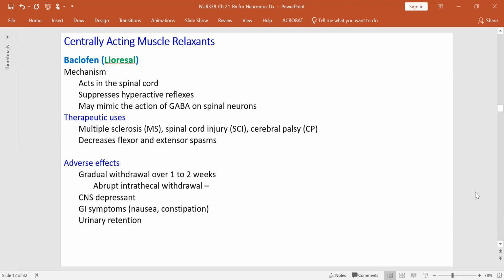Because this drug is going to be infused through a catheter into the CSF fluid, the abrupt intrathecal withdrawal will lead to rhabdomyolysis, which is a significant breakdown of the muscle.